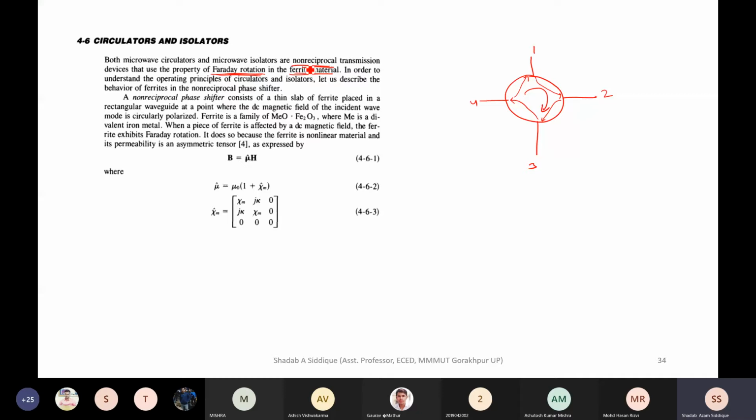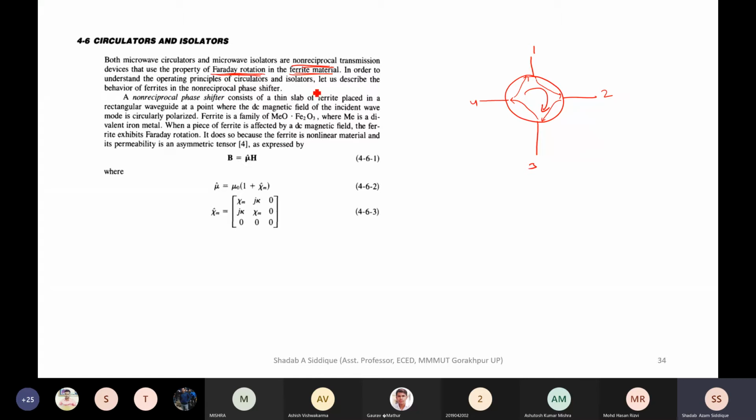The same property that exists in the ferrite material is used here. We will take the circulator and isolator and see how their non-reciprocal behavior arises, and how we are using the behavior of ferrite.